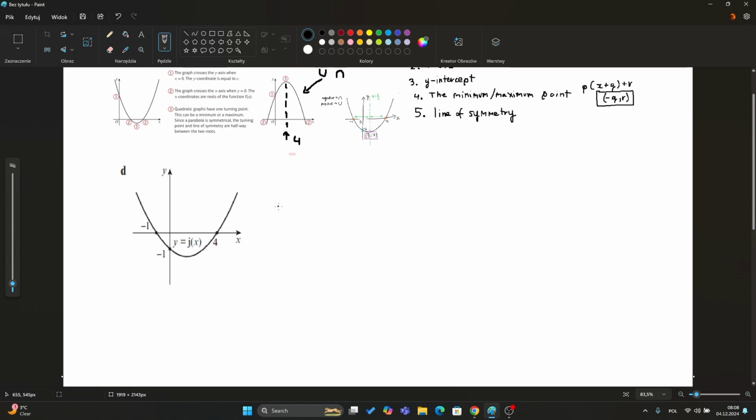Now in this question, we have to find the values of ax squared plus bx plus c. So we are given the points on the graph, and we need to find the equation for the following quadratic. So first of all, we notice that we have been given roots and we have been given the y-intercept.